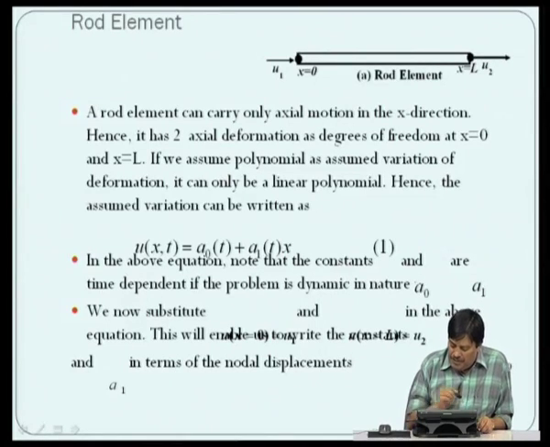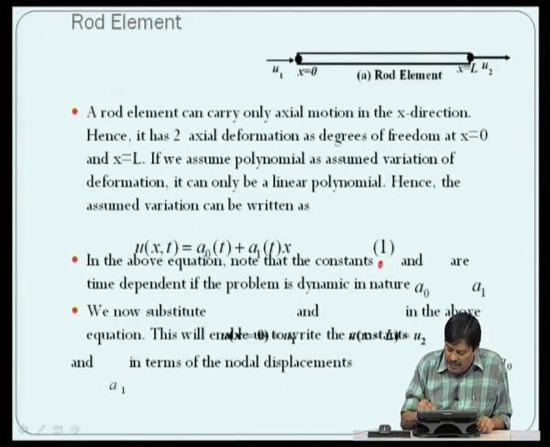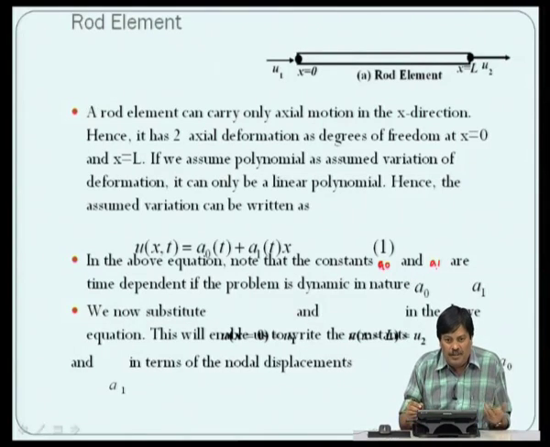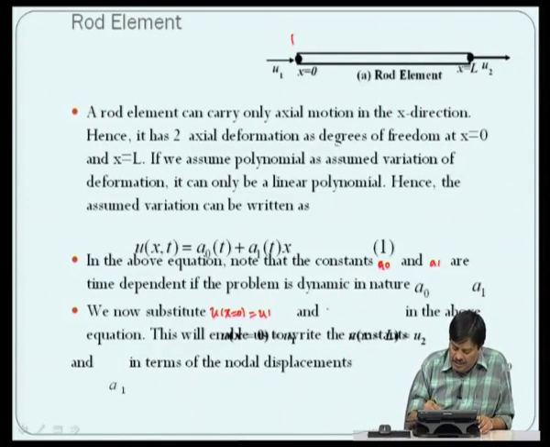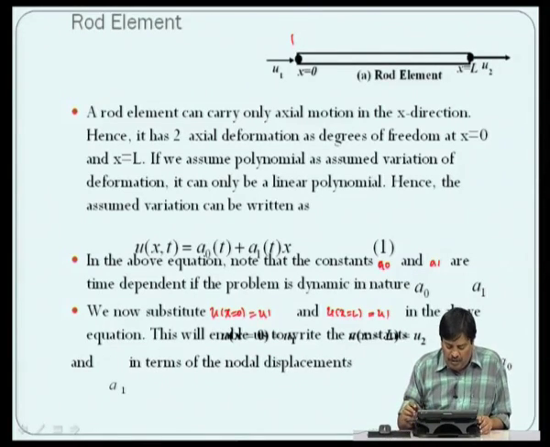In this expression, the constants a naught and a1 are time dependent if we are talking about a dynamic problem, or simply constants in the case of a static problem. Now, we substitute that u at x equal to 0 is equal to u1, because we start our axis here, and u at x equal to L will be equal to u2, in the above equation.